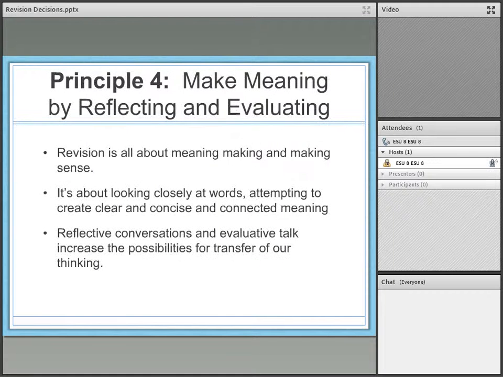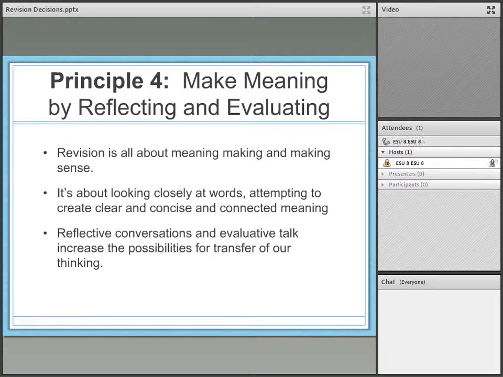Okay, let's talk about principle 4, making meaning by reflecting and evaluating. This is pretty simple right here. Let's look at the 3 bullets that are on the screen. Revision is all about meaning making and making sense.